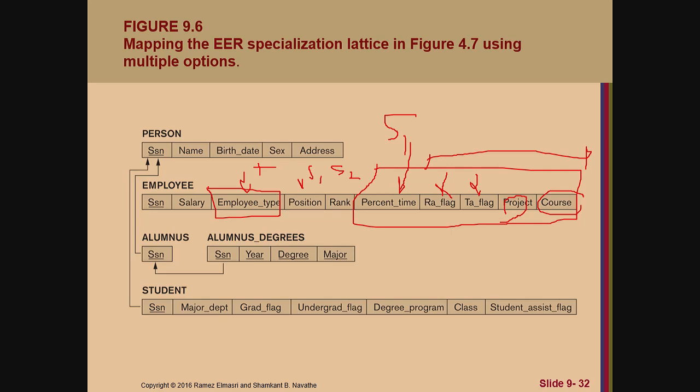This is focused on only the employee superclass. For the student superclass of the student assistant, they use the student flag here to show whether the student is a student assistant or not. Okay. So when you want the information, just whether the student or the employee is a student assistant or not, you can check at the employee table, or you can check from the student table. That's fine.